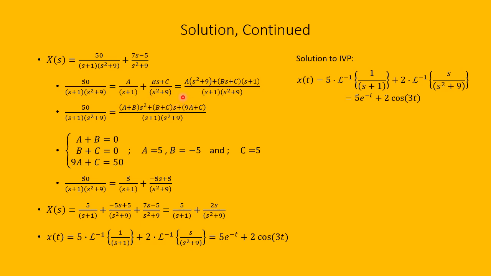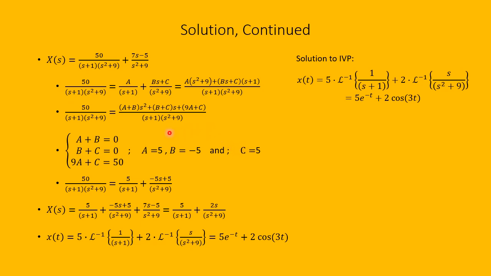That tells us that a plus b has to be 0, b plus c has to be 0, and 9a plus c has to be 50. Solve these simultaneous linear equations by any method that you want, and we will find that a equals 5, b equals minus 5, and c equals 5.